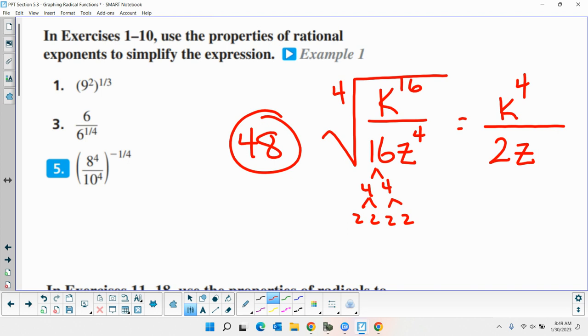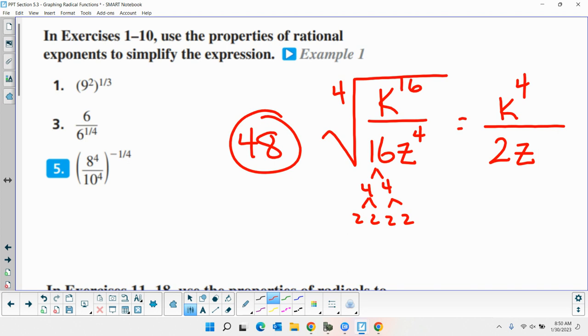So an R and a T were left over under the cube root symbol. 58 is W to the 7th times the 5th root of Z squared, that's the numerator, over Z cubed. Right, Scott? Mm-hmm.